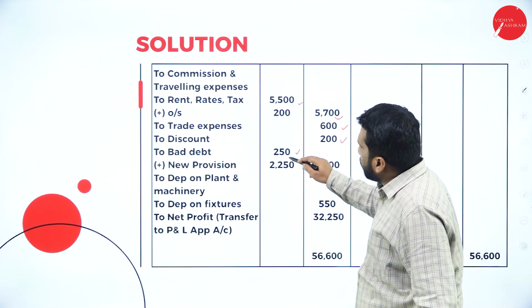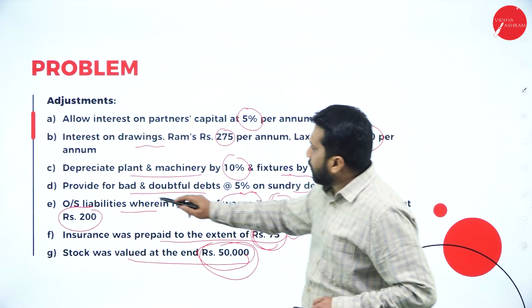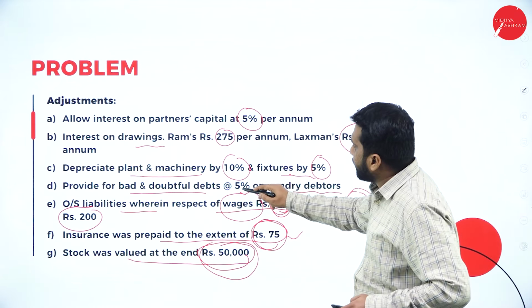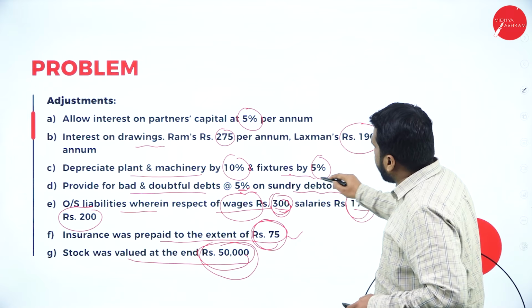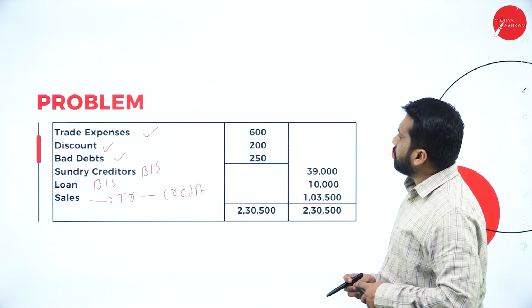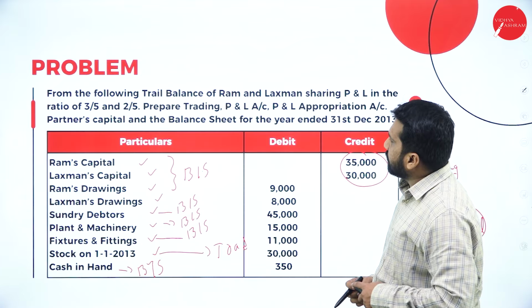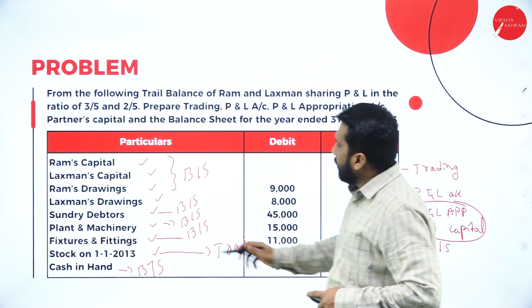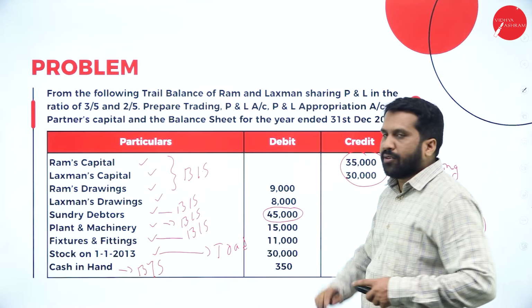New provision. What is this new provision? I'll show you. In the adjustment they have given provision for bad debts 5%. They have given it on sundry debtors. What is the value of debtors? Go back to your question. Again go back. Where is debtors? Yes. Debtors is 45,000.